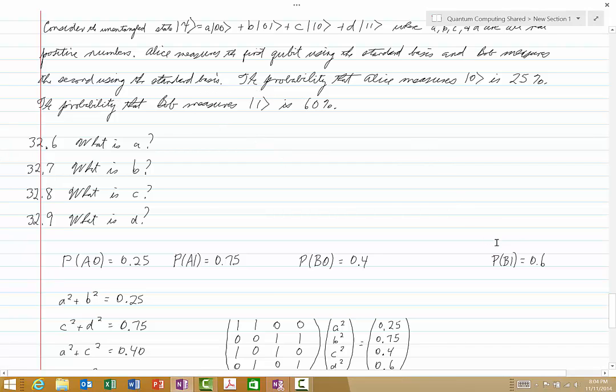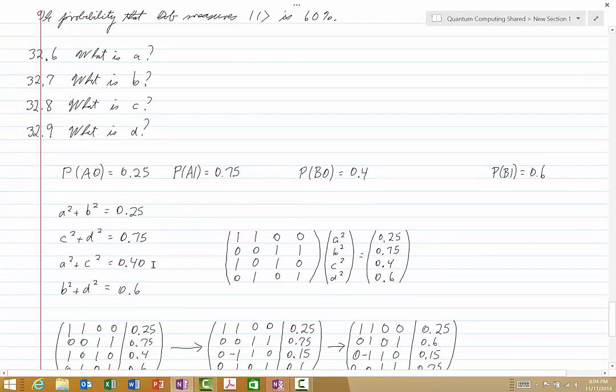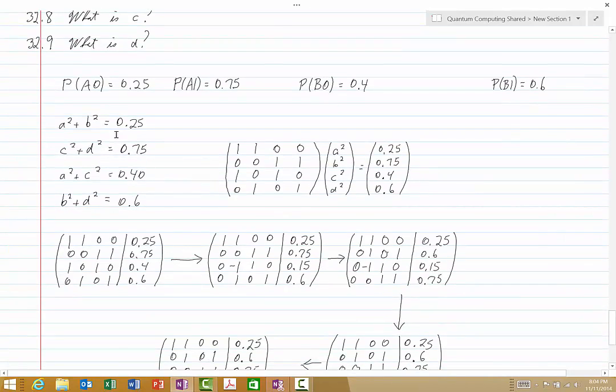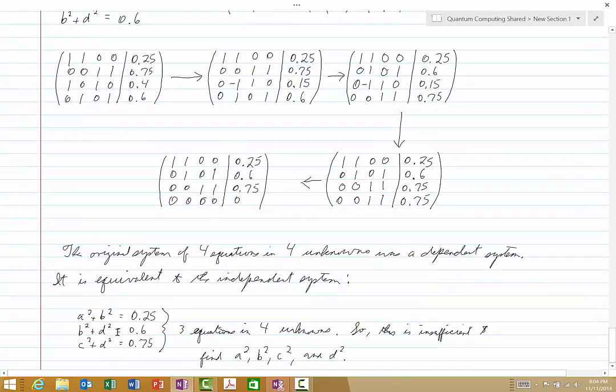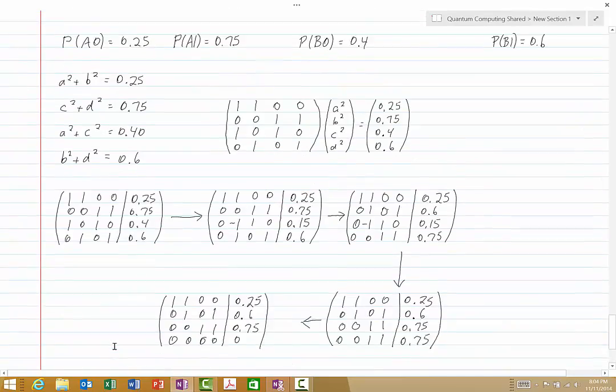We used that here and used that to deduce this, and then these 4 equations became these 4 equations, but we found out after some analysis that these 4 equations are really not 4 independent equations. They are equivalent to 3 independent equations. So we have 3 equations and 4 unknowns, and so we just can't find a squared, b squared, c squared, and d squared unless we have something else.